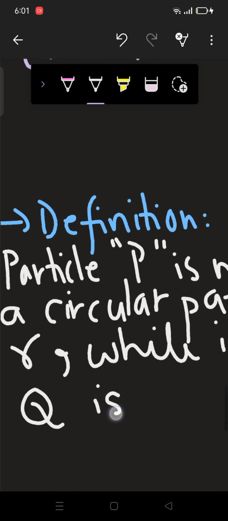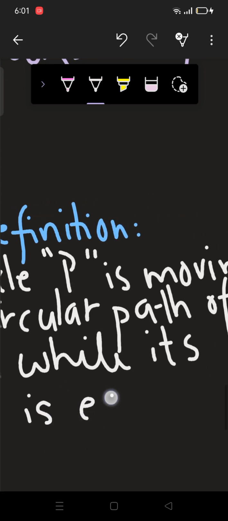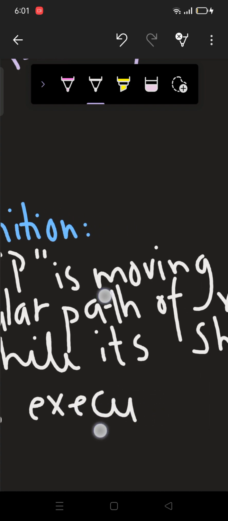So here Q, the shadow of the particle, is executing simple harmonic motion, right?